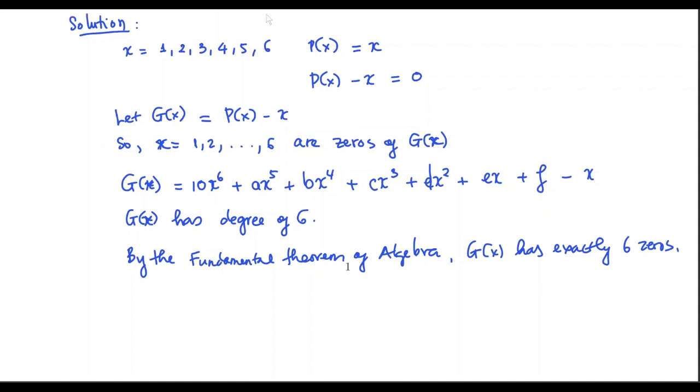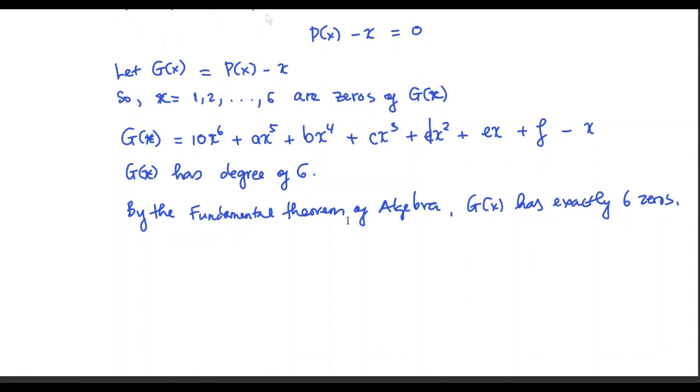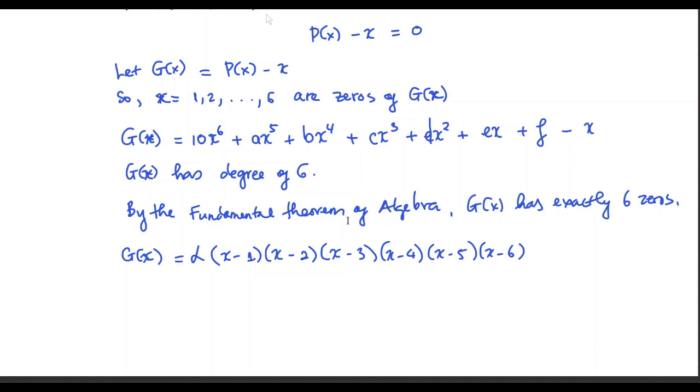Because those are the zeros of g of x, g of x can be rewritten as alpha times x minus 1 times x minus 2 times x minus 3 times x minus 4 times x minus 5 times x minus 6.